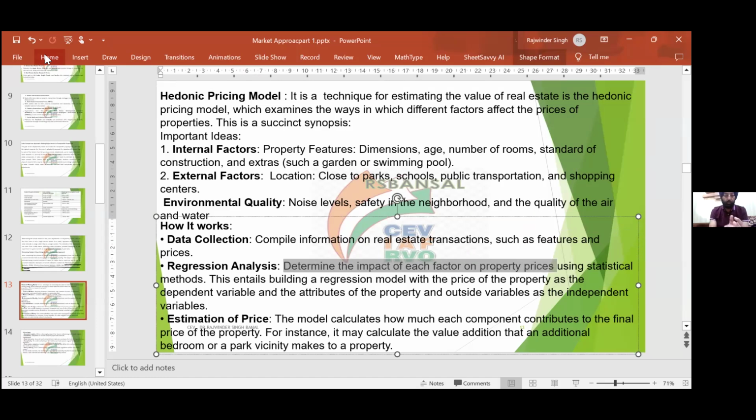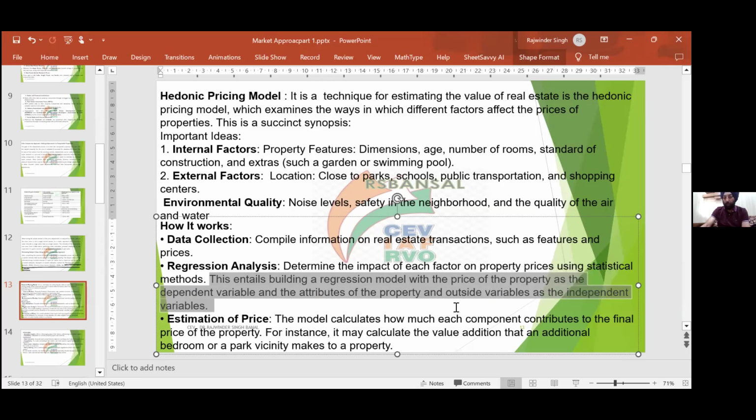You have studied this in statistics. So regression analysis is done to determine the impact of each factor on property prices using statistical methods. You can do the statistical method in Excel also. This entails building a regression model with price of property as the dependent variable and attributes of the property and outside variables as independent variables.